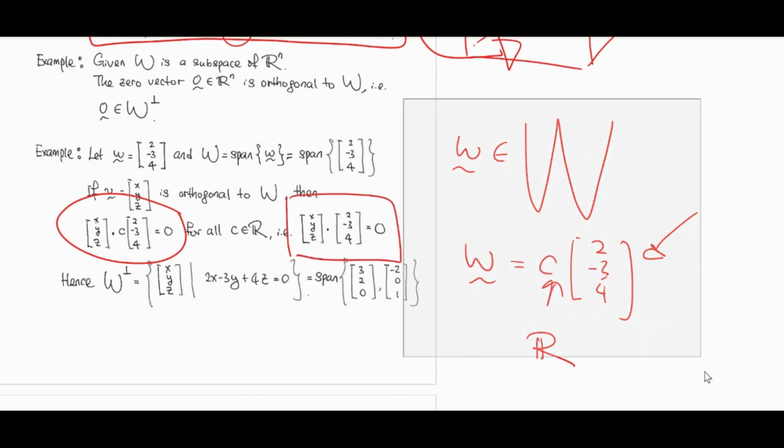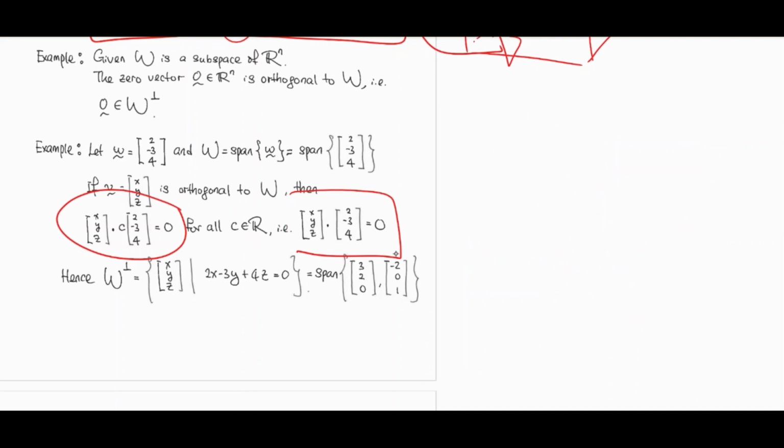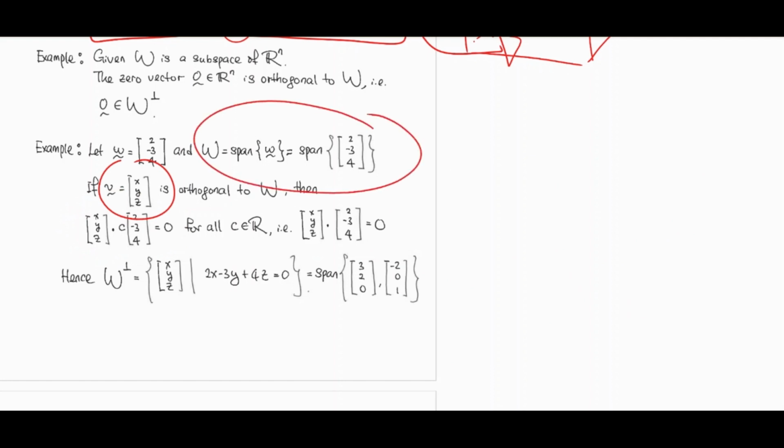So if you do have a vector v that is orthogonal to every single vector coming from this vector space, then that vector v with components x, y, z must satisfy these conditions.